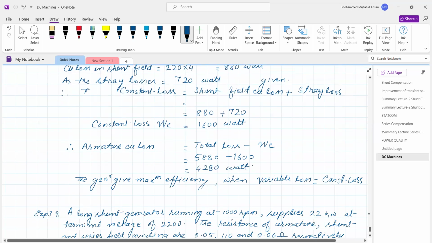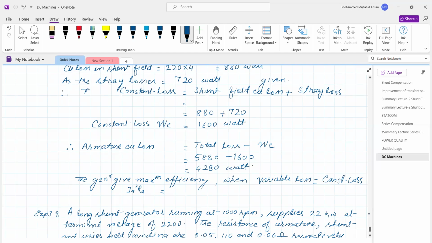Therefore, we can write Ia square Ra is equal to the constant losses.